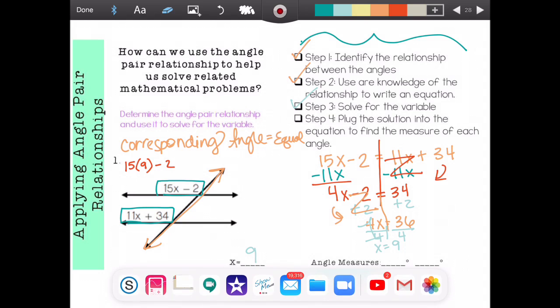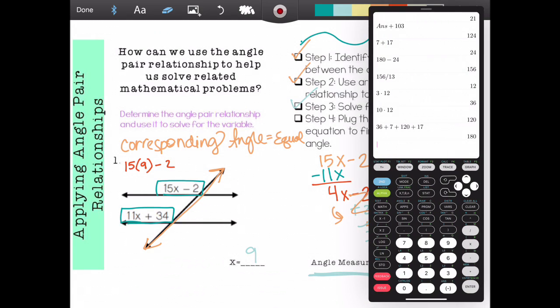And you know what, guys? I'm going to use my calculator just to be on the safe side. So 15 times 9 minus 2 is 133. So this angle right here is 133 degrees. Now they're corresponding angles, so they should be, as we said, equal.